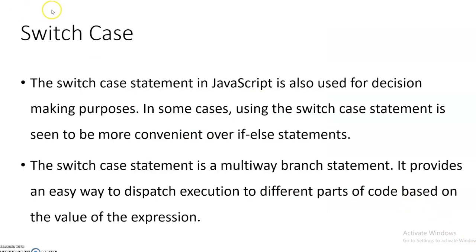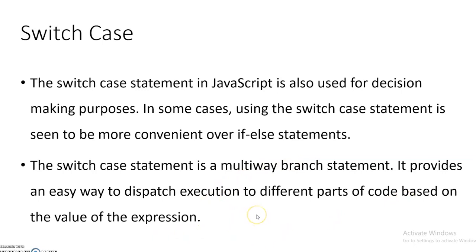Next is switch case. The switch case statement in JavaScript is used for decision making purposes. It is a multi-way decision making statement, a multi-way branch statement. It provides an easy way to dispatch execution to different parts of code based on the value of the expression.